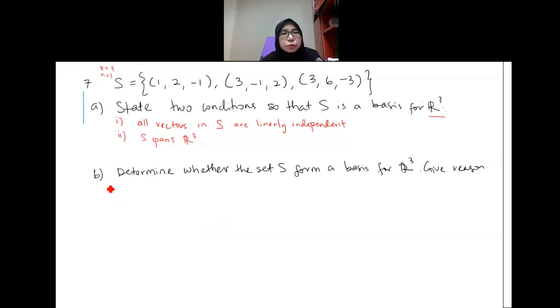First of all, you should write a linear combination for linear independence and a linear combination for spanning. C1 multiplied with the first vector in S, plus C2 multiplied with the second vector in S, equals, for linear independence, 0, 0, 0. Three zeros, because it is in R3, so 3-tuples.